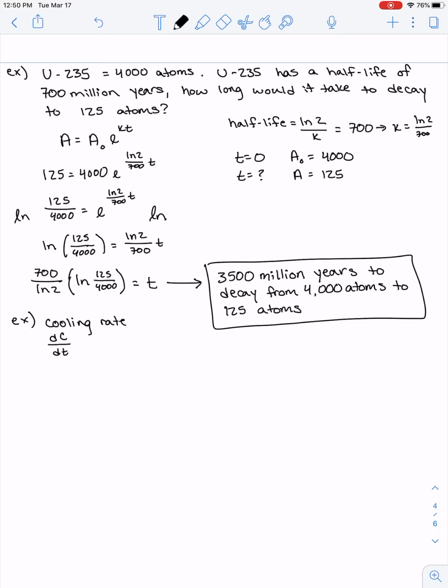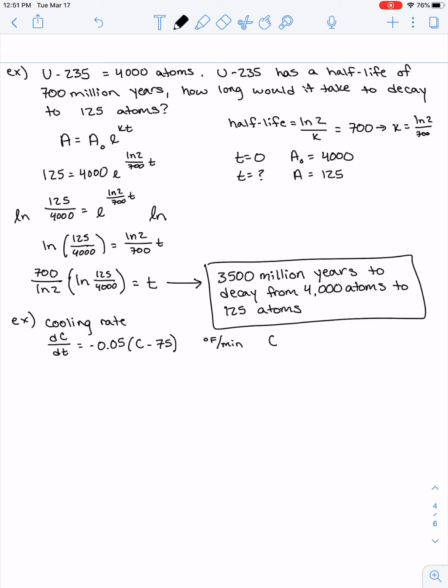So the change in Celsius, or I guess this is Fahrenheit, so the cooling rate is equal to negative 0.05 times (C minus 75) per minute. So this is in degrees Fahrenheit per minute is our cooling rate.